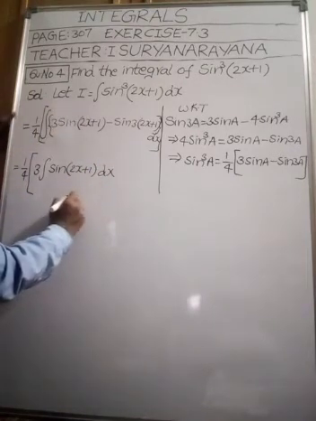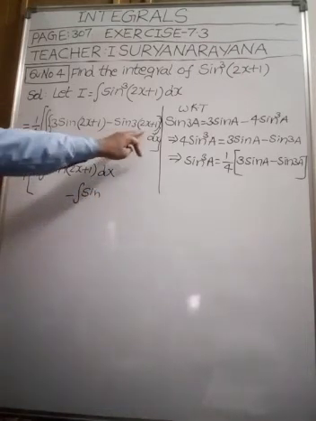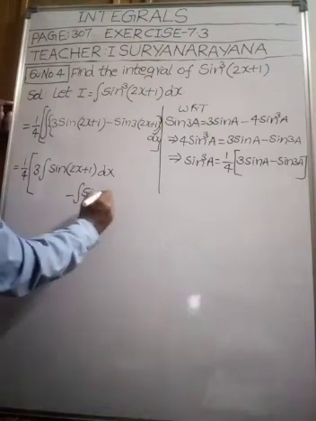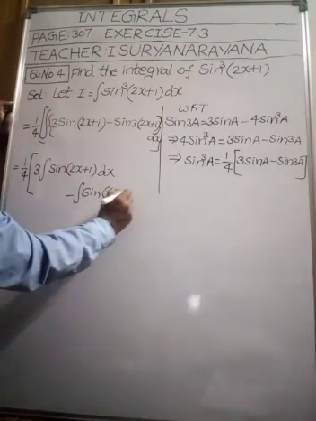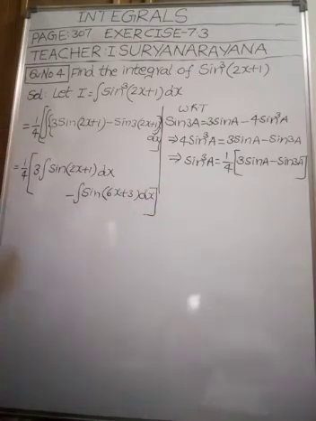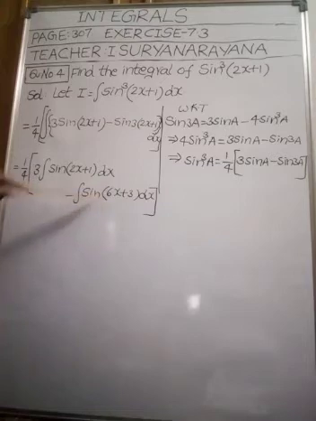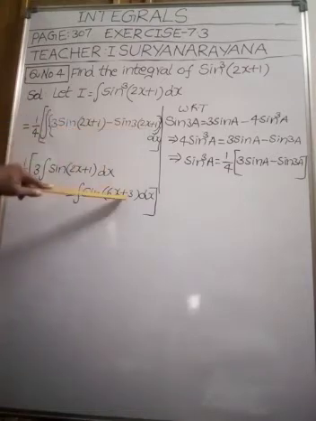Minus integral sin, let us use the distributive property, sin of 6x plus 3 dx. Understood this second term, my children? Here I used the distributive property, then we get sin of 6x plus 3. Understood this step, my children?